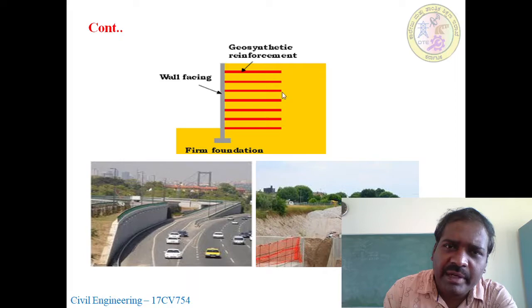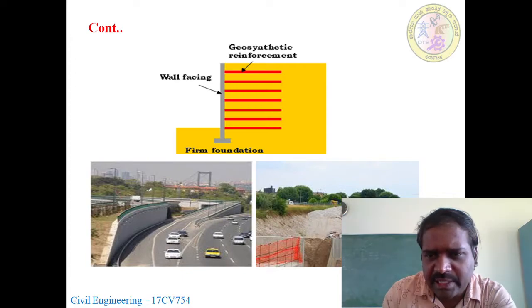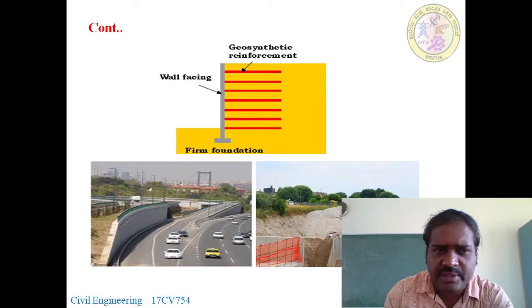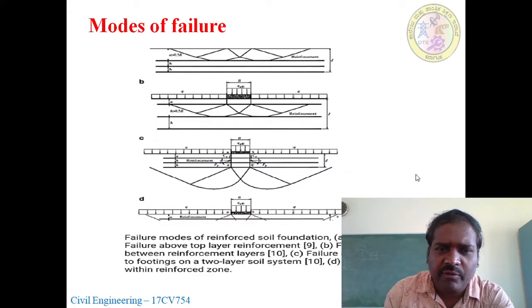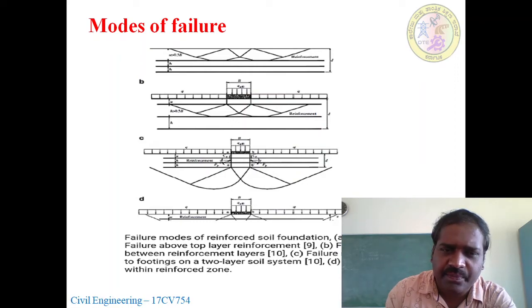The settlement will be reduced and the bearing capacity will be increased by providing this, and this will be the wall, and it will be the foundation. Here the reinforced earth mass will be there. By providing strips, you have to see here also there will be a soil mass with the reinforcement strips.